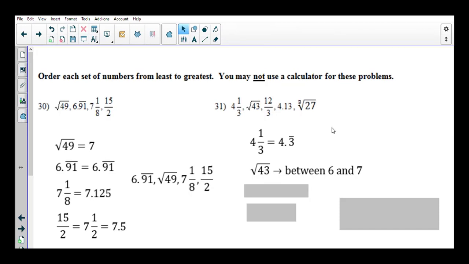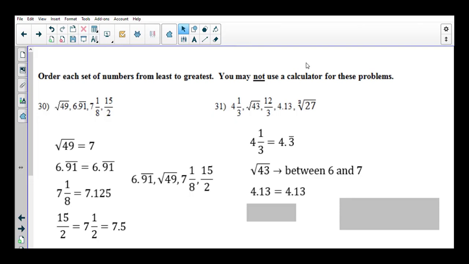The perfect squares it's between are 36 and 49. Square root of 36 is 6, square root of 49 is 7. So I know it's between 6 and 7. I designed this so you can answer the question without necessarily having to know what the square root of 43 is.